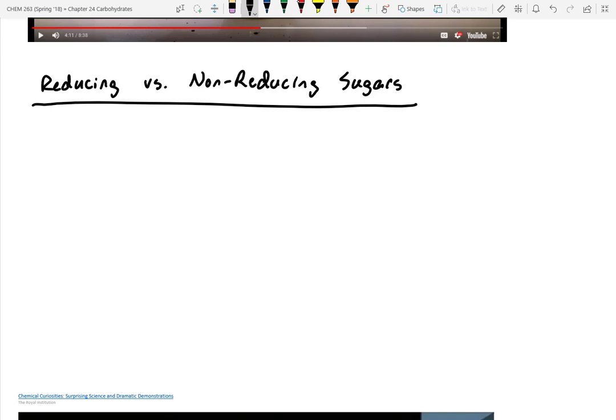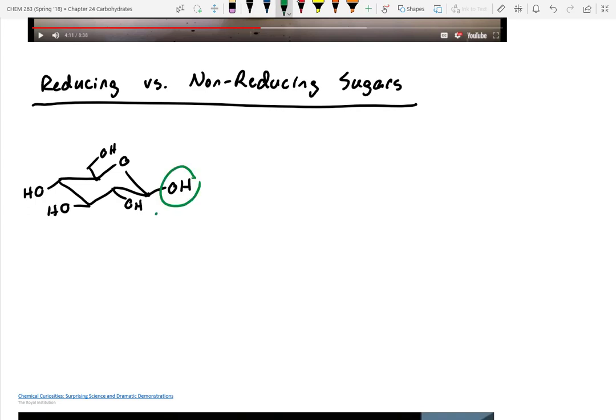But let's start with our standard D-glucose. Clean this up. All right, reducing sugars always have an alcohol coming off of the anomeric carbon.